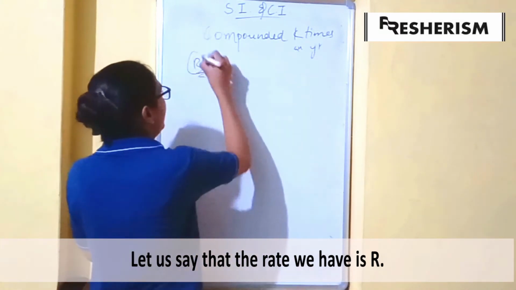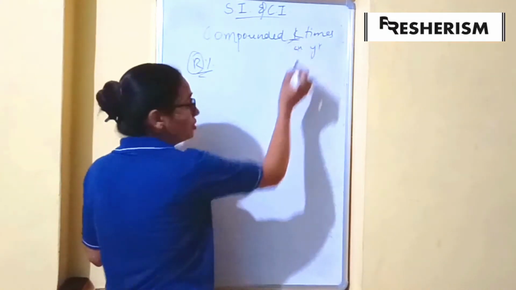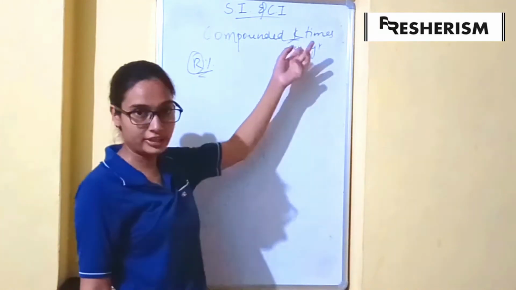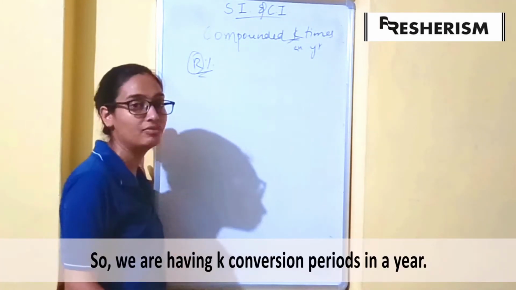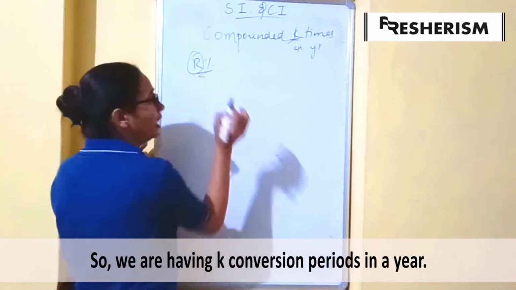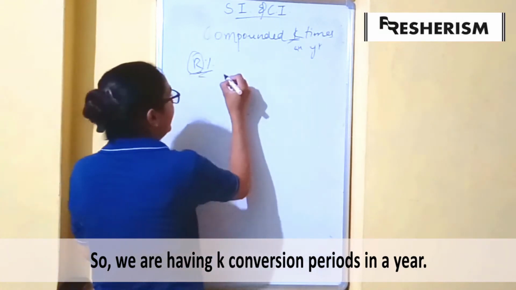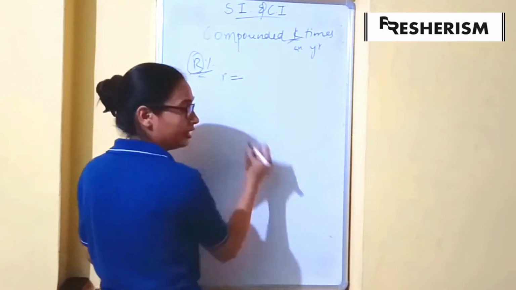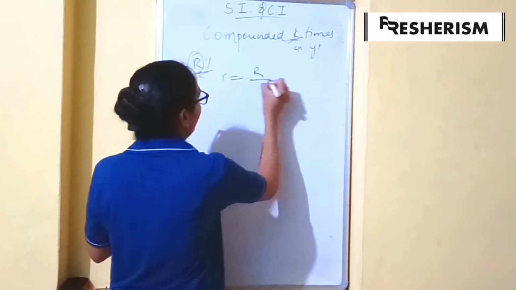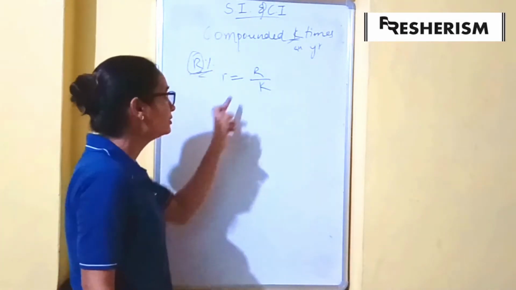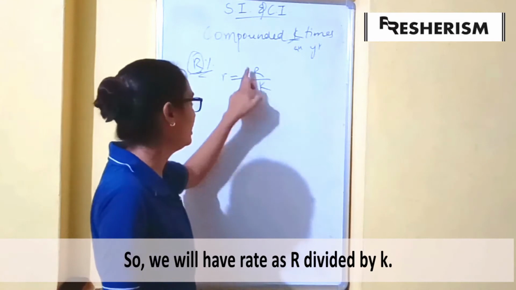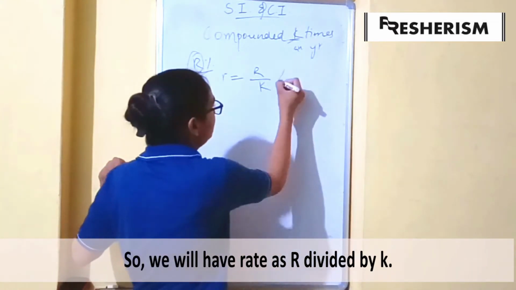So if there are k conversion periods, if it is compounded k times, then we will be having k conversion periods in a year. So the rate would become r by k. That is, the rate per conversion period would be r by k%.